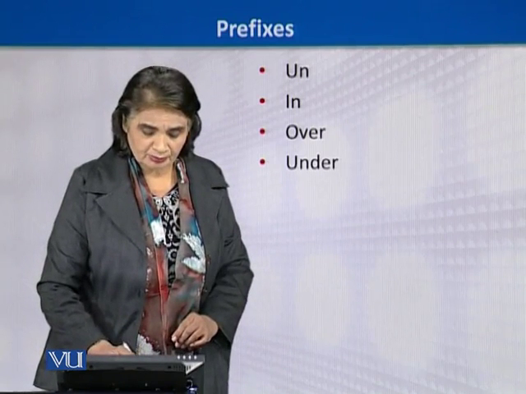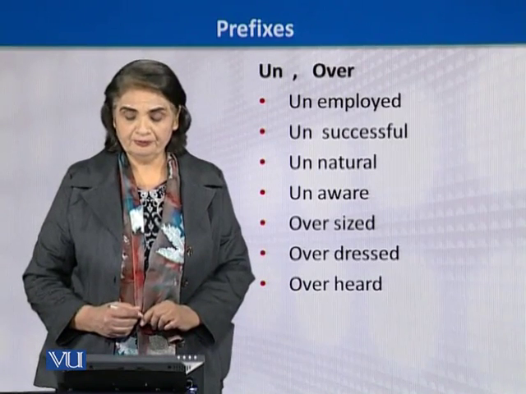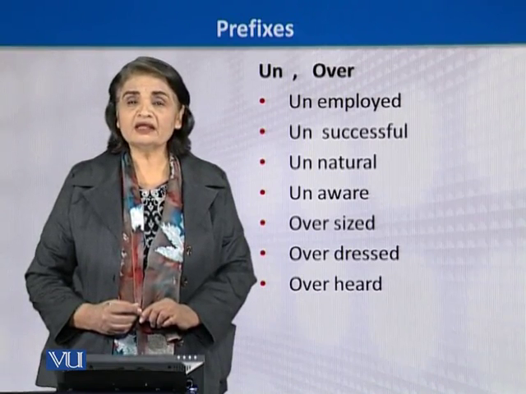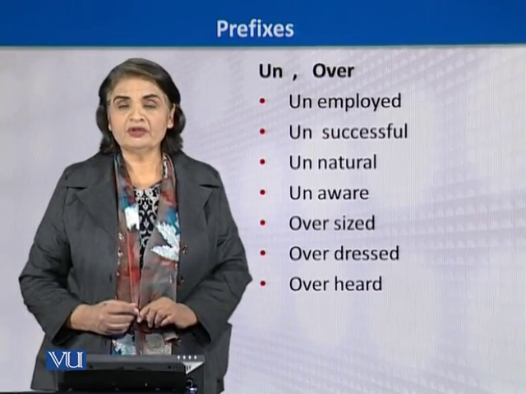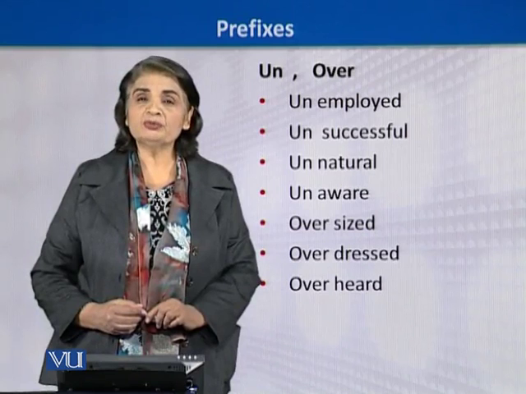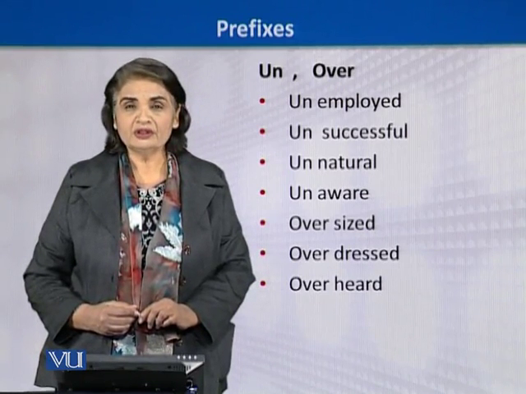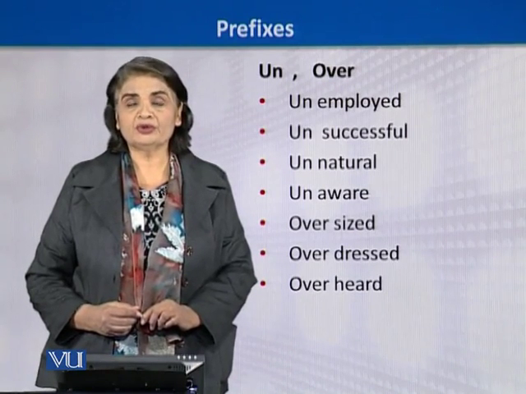We have the examples of adding un and over here. So the word is employed and we add un to it to make it unemployed. In this case, the word becomes opposite to the basic word. So the basic word is employed and unemployed is the opposite of employed.